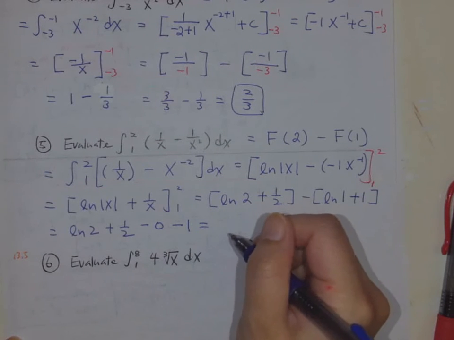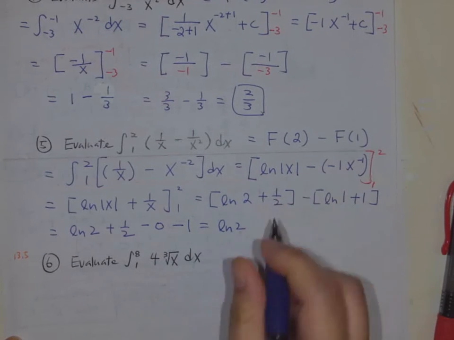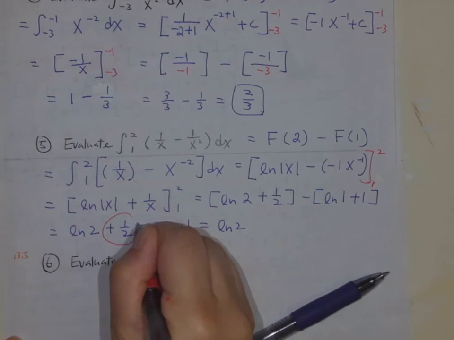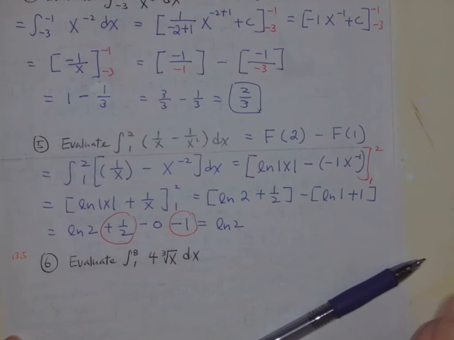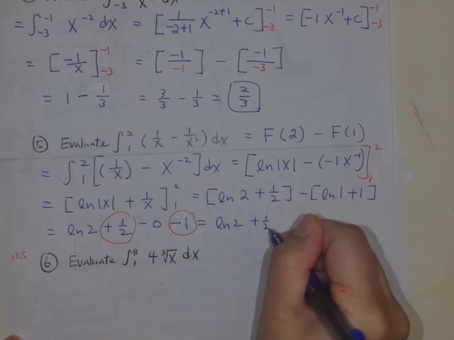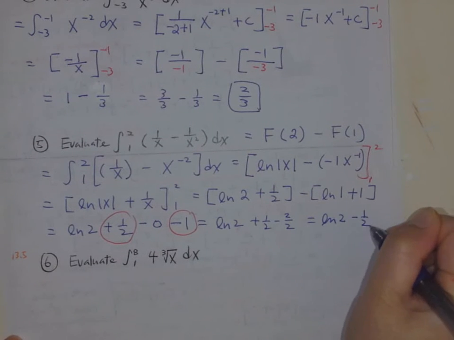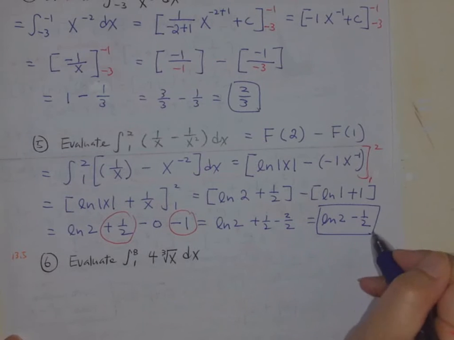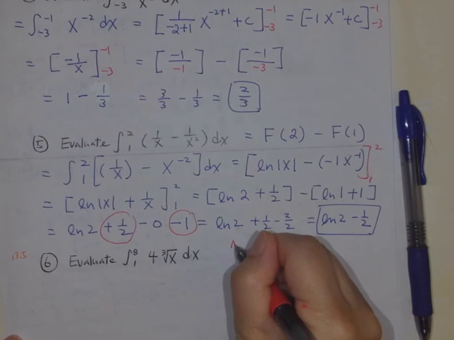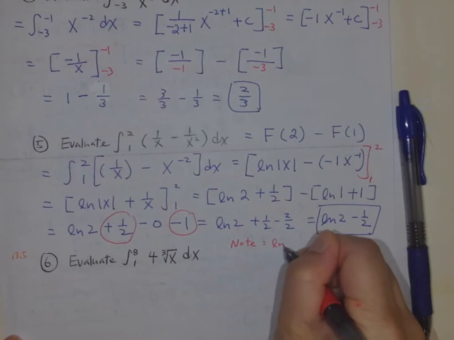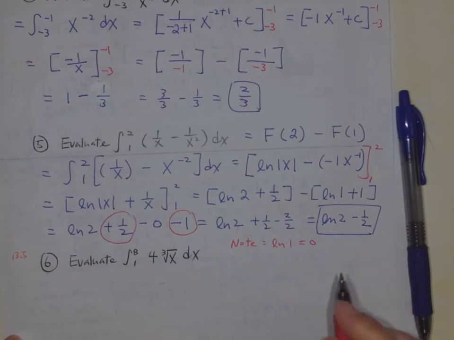So we got ln of 2, and I have plus 1/2 minus 1, which is like plus 1/2 minus 2 over 2, right? So this is ln of 2 minus 1/2. Are we okay? So note ln of 1 equals 0. All right.